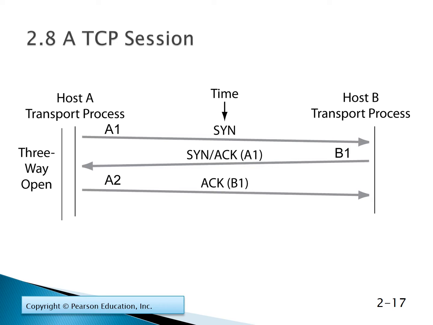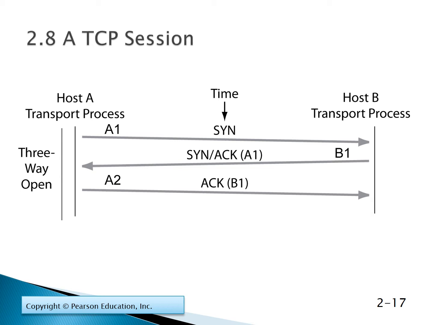The second example here is a TCP session, a protocol at layer 4. If host A wants to start a connection with host B, it will first need to send a SYN message from A to B. That means I want to start a session.